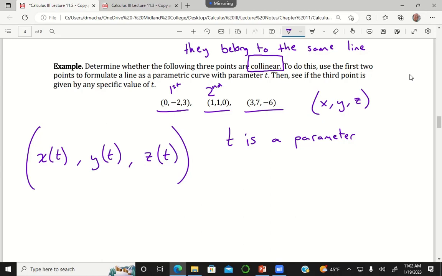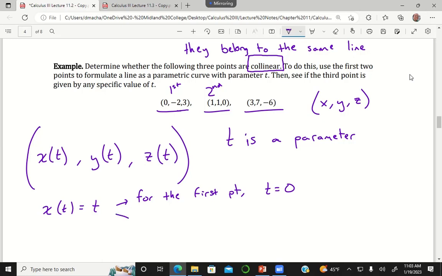And so just thinking about x, let me say that x of t is equal to, we'll just say t. Okay, so what that tells me is for the first point, t must be equal to 0, right? So that way x is equal to 0 for my first x coordinate.